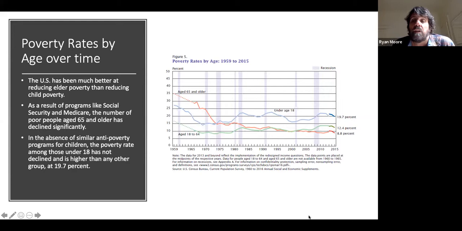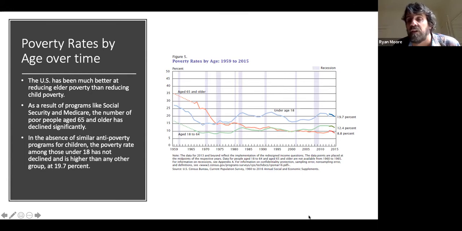And so public policy basically was directed towards alleviating that. And the United States has made great progress, so that now elderly people are the least likely to be poor.